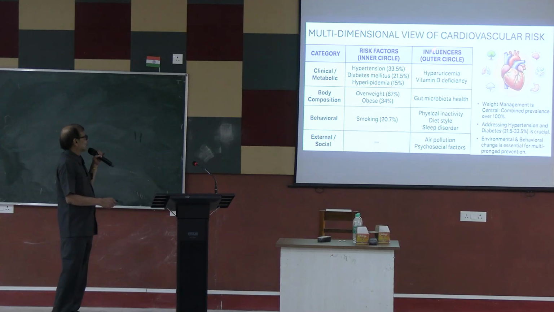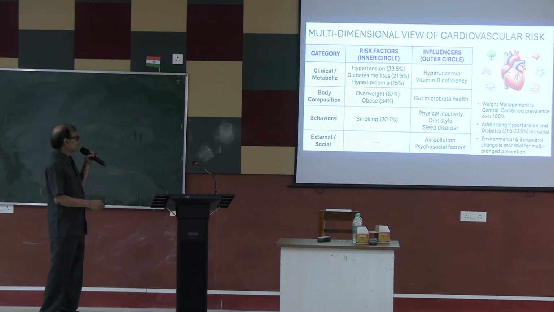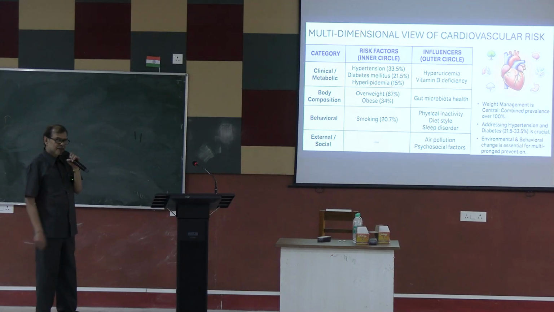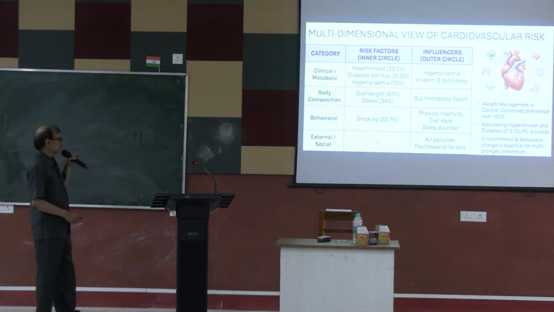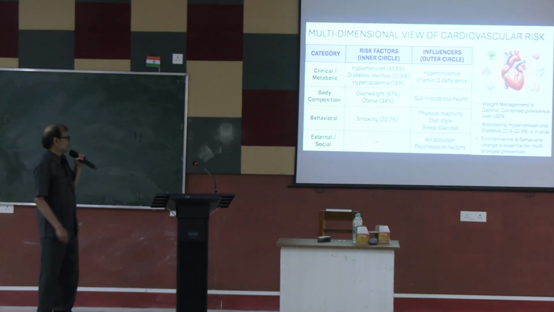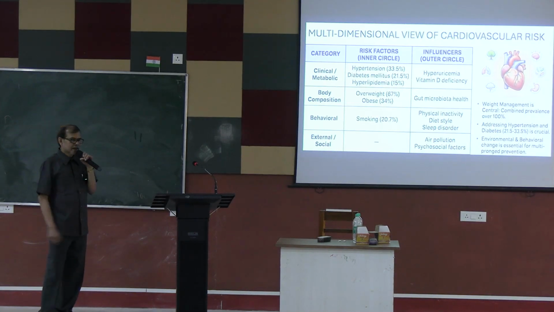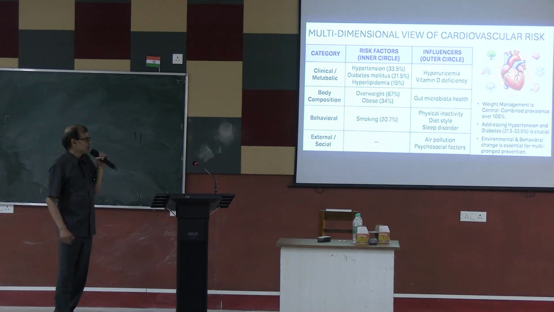Influences outer the circle. This is the inner circle, this is the outer circle: hyperuricemia, vitamin D deficiency, gut microbial health, physical inactivity, diet style, sleep disorder, and external, that is the air pollution or psychosocial disorders.